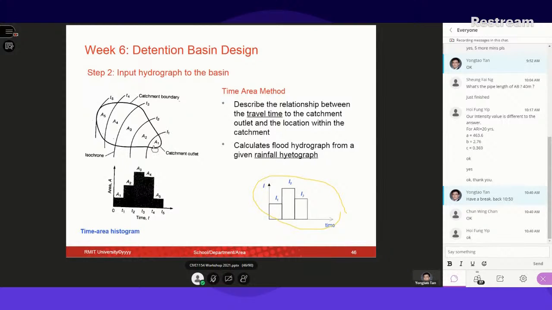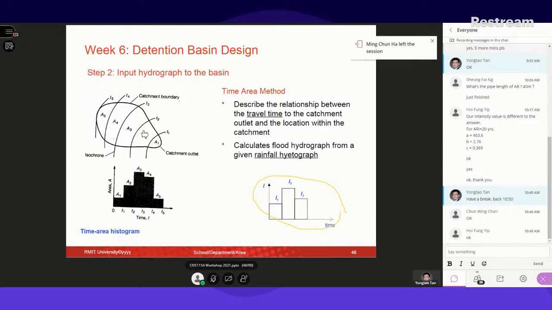A1 has the shortest travel time, A5 the longest. For each sub-area, we need to calculate the area, the effective area, the time of concentration, and the travel time from the drain inlet to the outlet of the entire catchment.